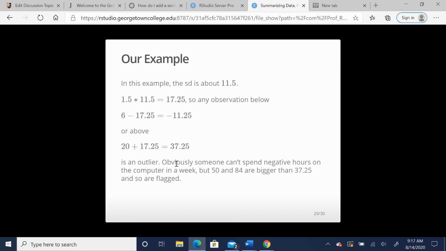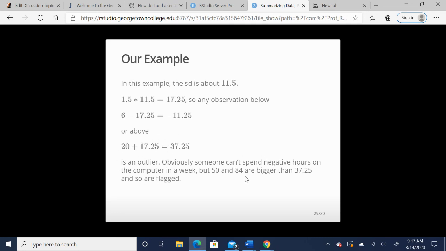So if the IQR is 11.5 and we multiply it by 1.5, we get 17.25. So if it is 17.25 below 6 or 17.25 above 20, that's an outlier.